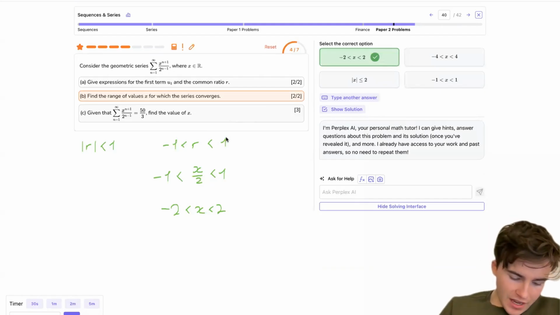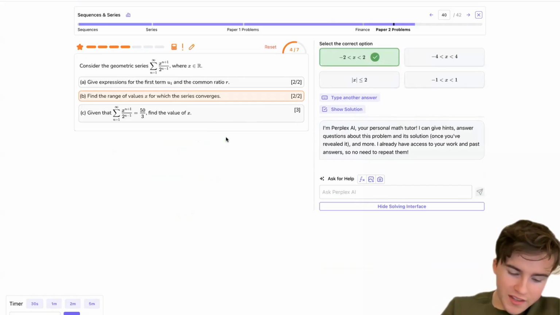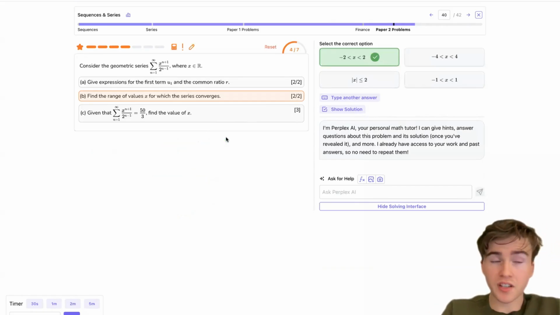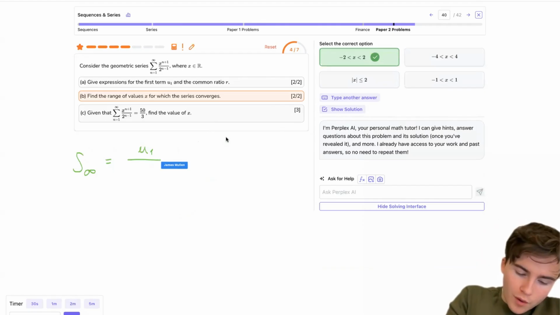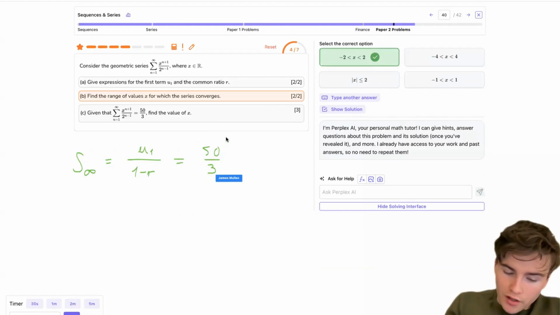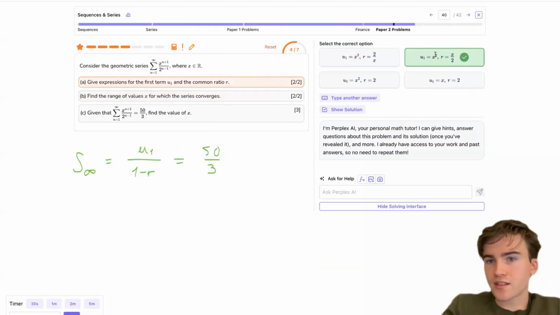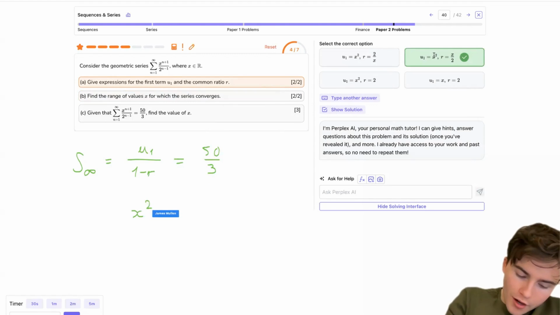Okay, and now we are told that this sum to infinity is equal to 50 over 3. All right, and for a sum to infinity, remember we have the formula u1 over 1 minus r, and we're told that that's 50 over 3. What is u1? Well, in part A, we said that u1 was x squared, and r is x over 2.